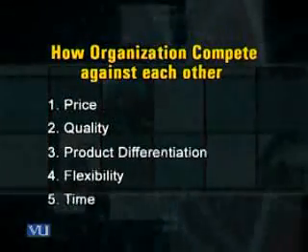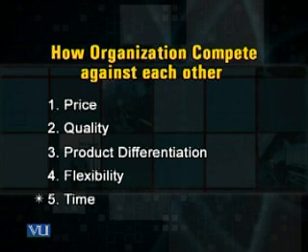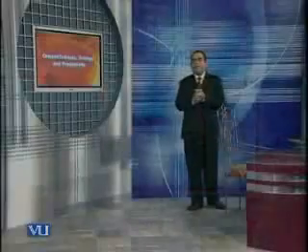Another reason how an organization can compete against its rival is if it pays a lot more attention to the concept of time. What do we mean by the concept of time over here? Time is another important dimension by which organizations can compete against their rivals.